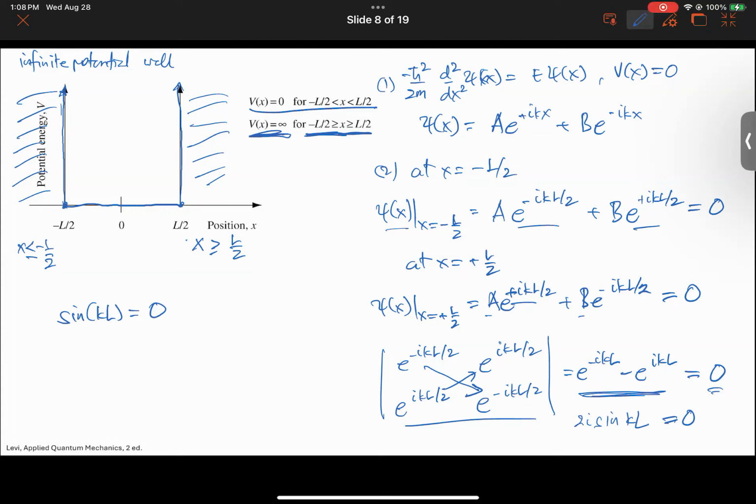Okay, now at this point, we're going to introduce a subscript on the k. So sine k sub n L is equal to 0.